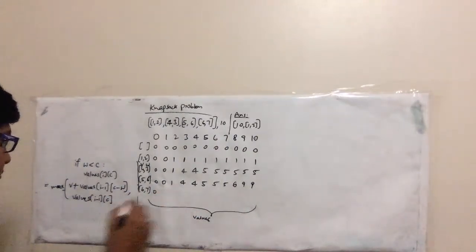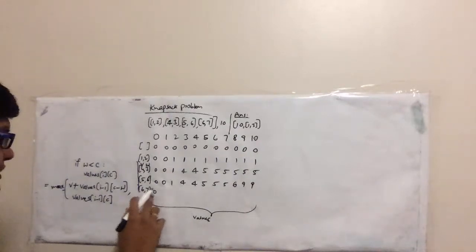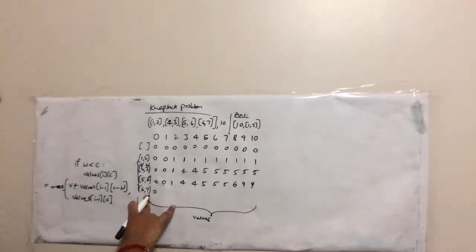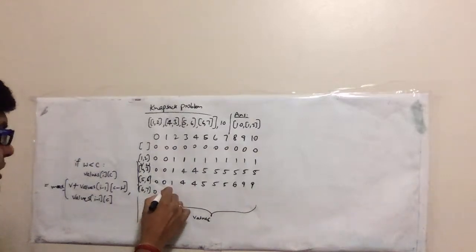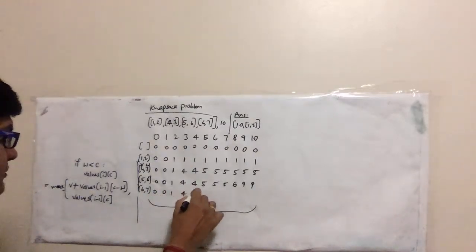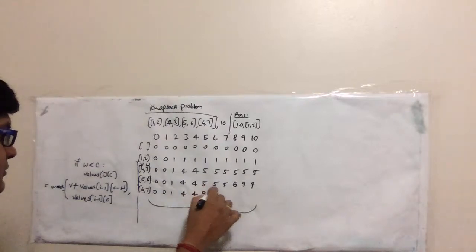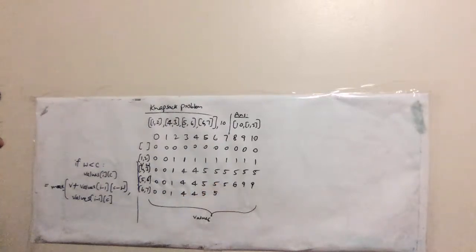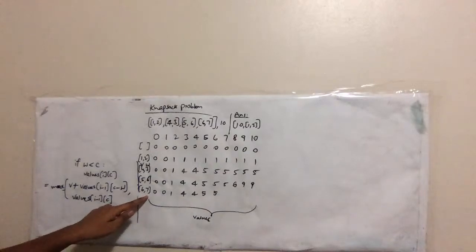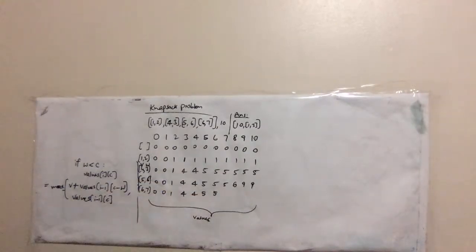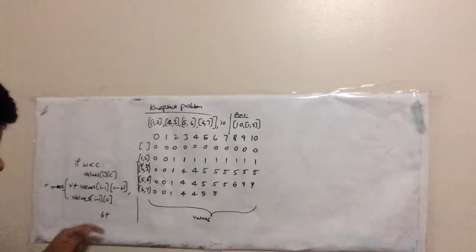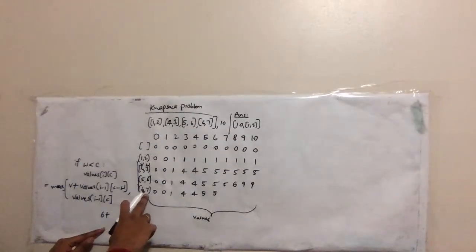Similarly here, until we reach the 7 kgs capacity bag, we can't do anything. Just copy the above one in the bottom. Okay, so we got here the 7 kgs item or 7 kgs bag. So we can get a value of 6, and 7 minus 7 gives 0. 0 is 0 value.